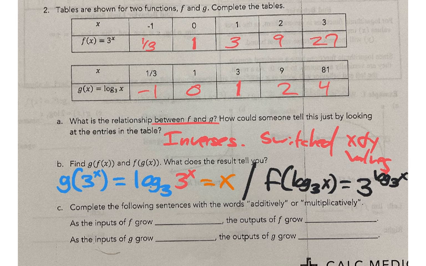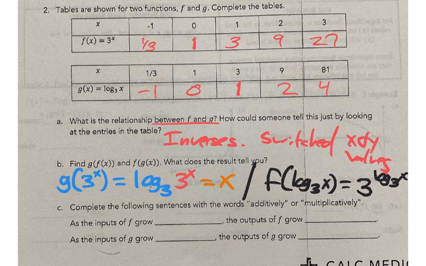I got the g of f of x, but I don't get the f of g of x. Wouldn't it just be 3 to the x times log 3? What was g of x? G of x is log base 3 of x.